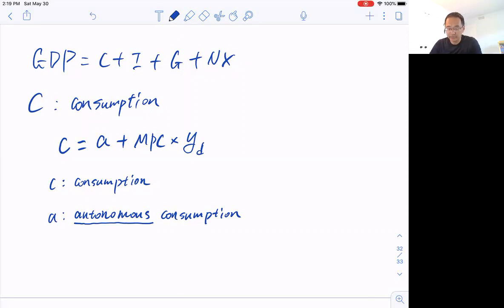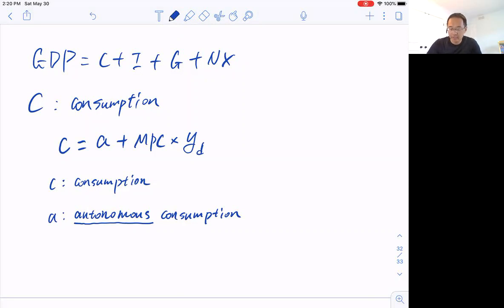So on the lowercase personal consumption function, little a is your consumption independent of your personal disposable income. When we capitalize these letters, the capital A is the autonomous consumption for the entire economy, independent of national income or real GDP.